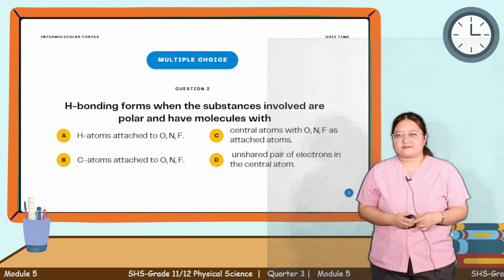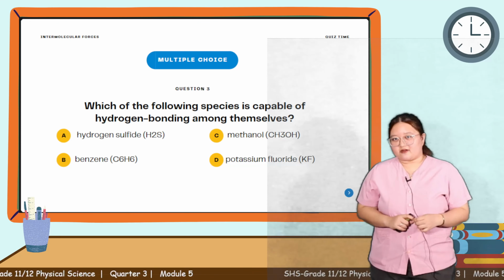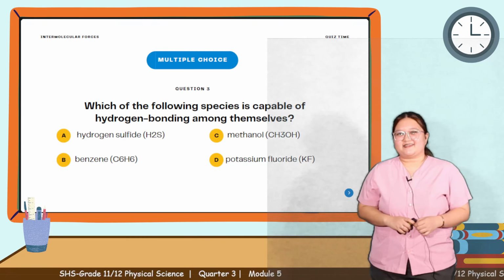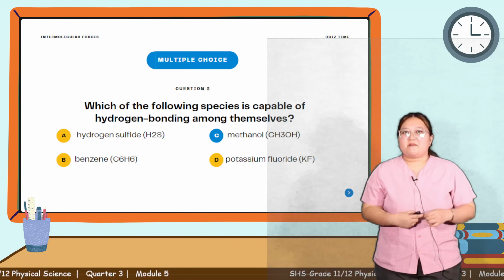Okay, let's keep going. Number 3. Which of the following species is capable of hydrogen bonding among themselves? Right off the bat, you can already tell, right? We have letter C, methanol.